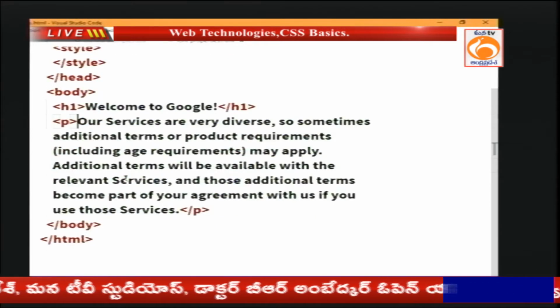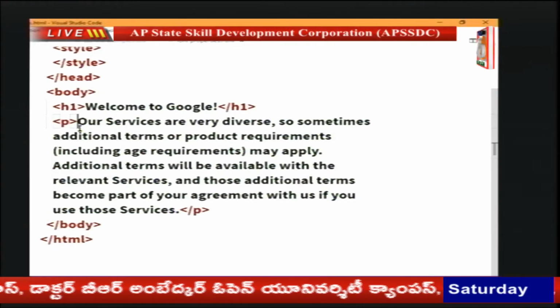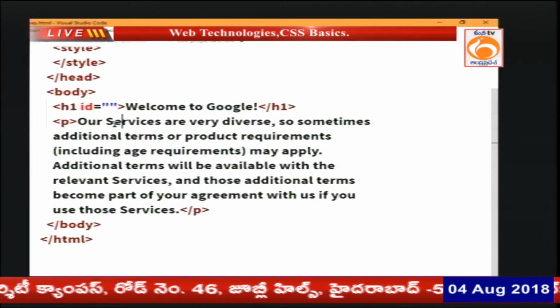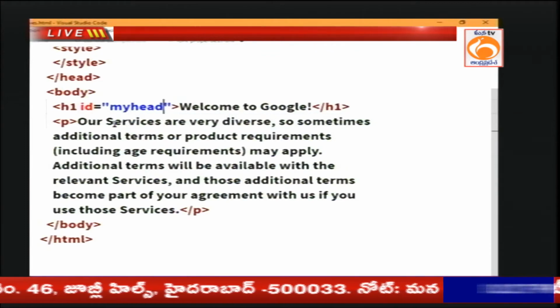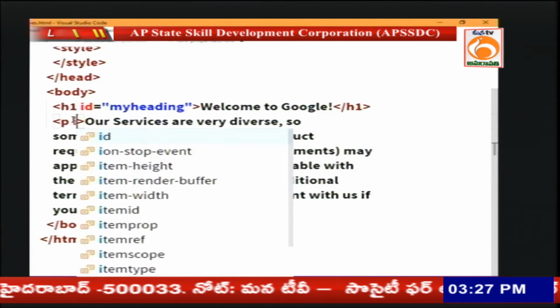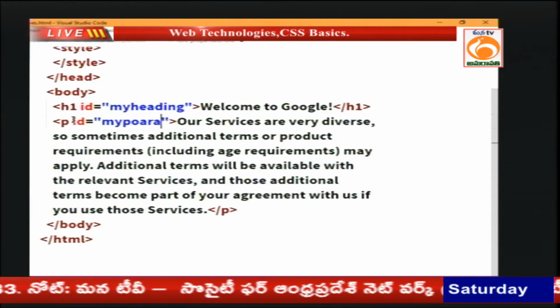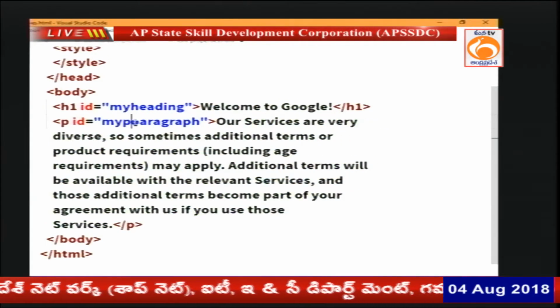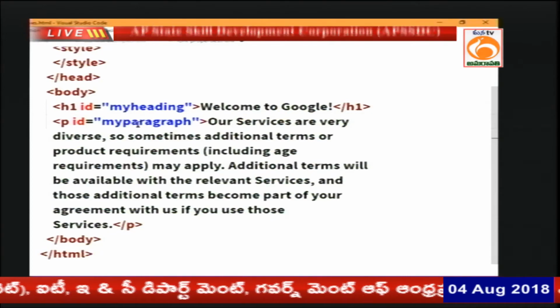And for easy access, I am going to give ID for each of these particular heading and paragraph. So, ID is equal to my heading. For this paragraph, ID is equal to my paragraph. Based on this ID, we can easily select them.